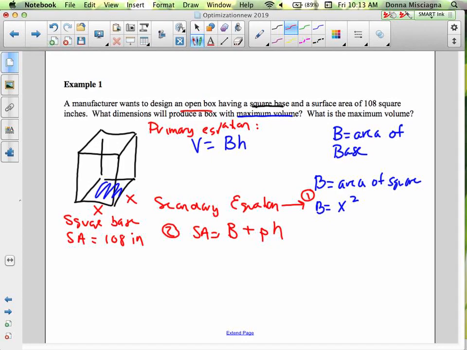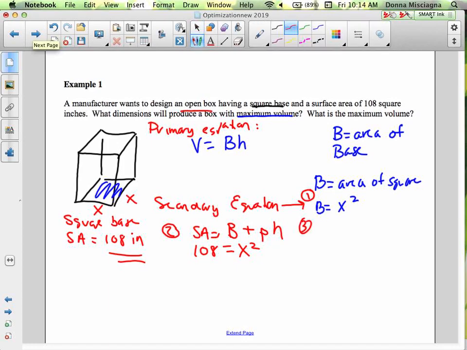So now we know we can take care of the B. The B is x squared, right? And we can take care of the SA. That's 108. So here's how we're using our secondary equations to help us out. So 108 for the surface area equals the area of the base, x squared, plus the perimeter. How am I going to represent the perimeter of a square? 4 times x, right? So technically, this is another secondary equation.